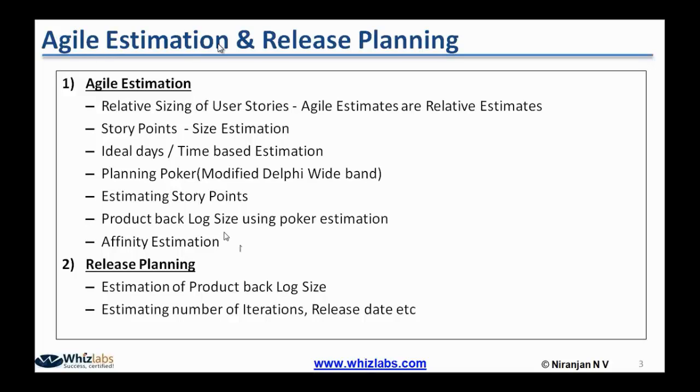Also we'll touch a little bit on what affinity estimation is and how we use this in agile projects. Then we will also discuss how we do release planning by using the knowledge of estimation and determining the product backlog size, and then determining how many iterations the project requires.